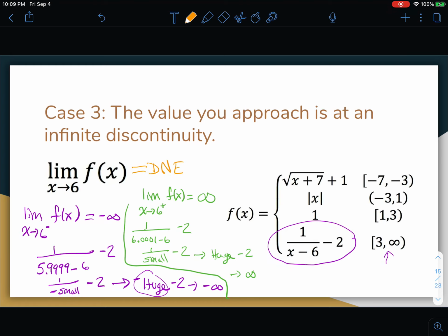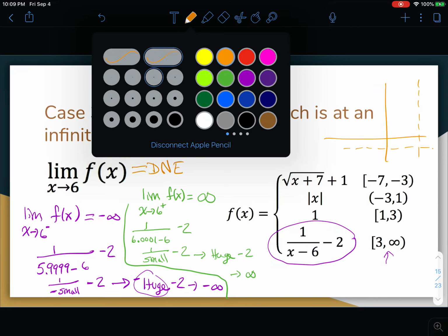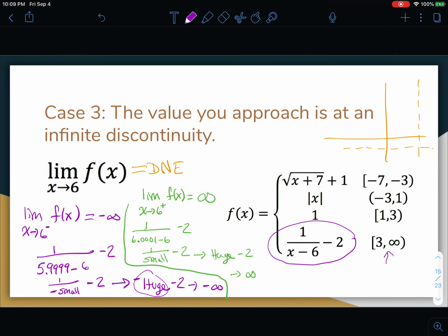Now, if we think about what we know about a rational function, this is going to move us to the right 6 and down 2. So our left-hand limit, so this is as we're approaching, let's say this is 6, okay? As we're approaching from the left, we found out we were getting closer and closer to negative infinity.